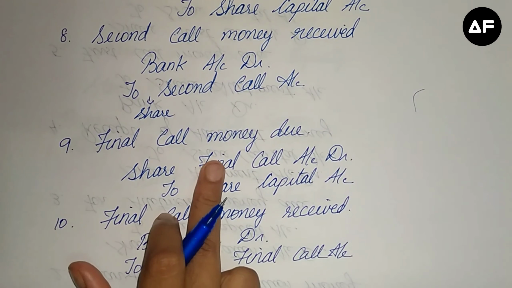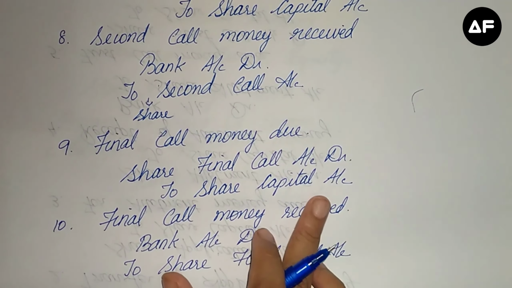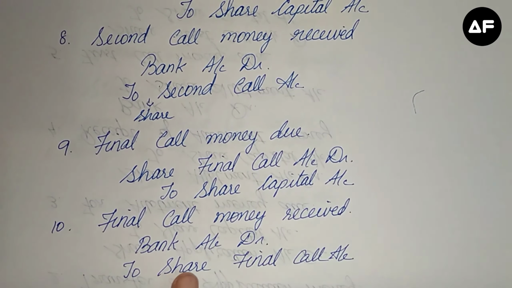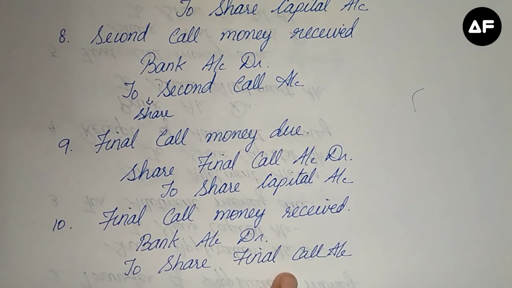So next, it was the final call money due from the investor. So share final call account debit to share capital. Then we are going to receive the call money from the investor. So bank account debit to share final call. So these are the 10 steps which are being given for you for the issue and receipt of shares.